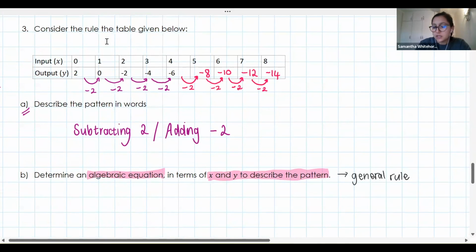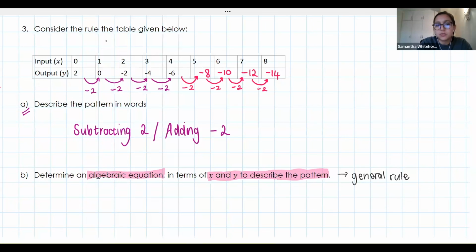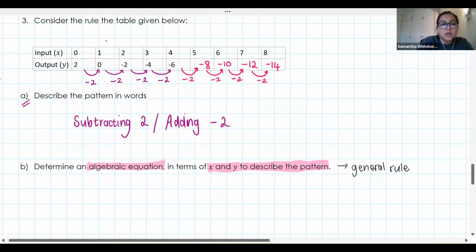So remember I said to you in the first example that the trick or the clue that we need to use is whatever we're adding or subtracting. So we always start with y equals because y is our output. And then we say, okay, whatever I'm adding or subtracting each time, I multiply that by x. So I've got -2x.